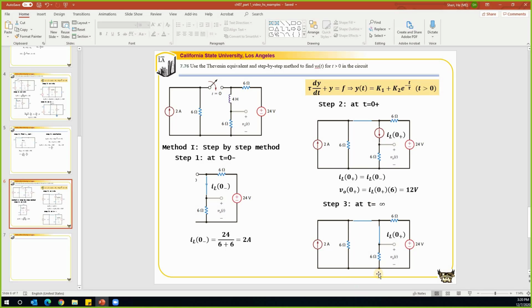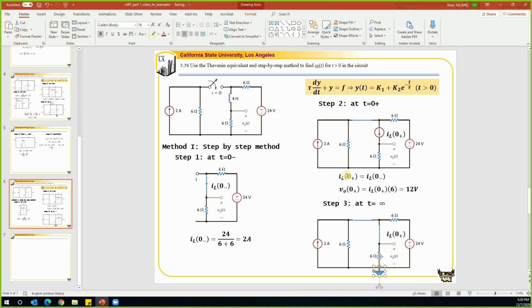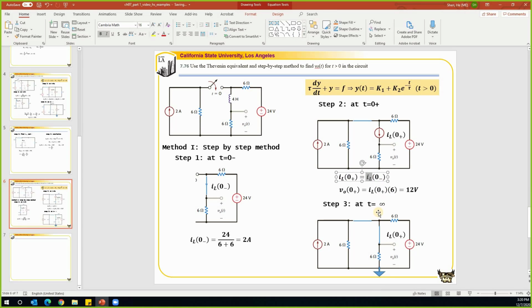If I use nodal analysis, I select this node as my reference node. Now this node will have a nodal voltage of VO, and it's VO at time equal to infinity. And we can write a nodal equation.